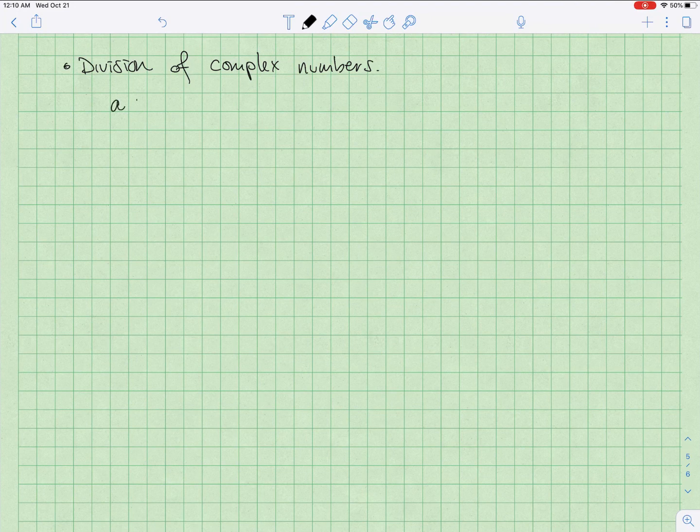If you have something of the form a plus b divided by c, you can break that up over the common denominator as a over c plus b over c. That's great algebra. What you cannot do is take something like a over b plus c and break that up into a over b plus a over c.